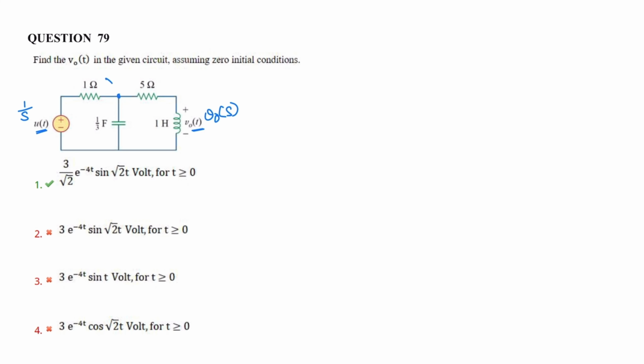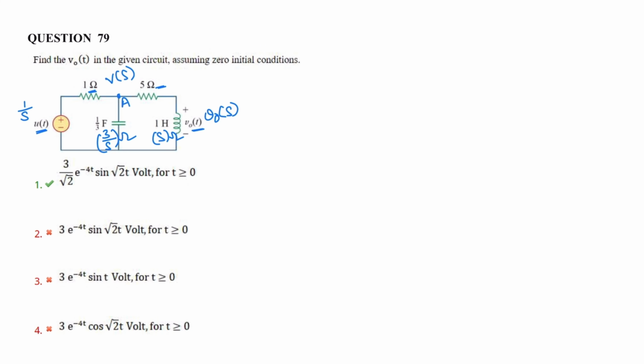Let V of s be the node voltage at node A. The capacitor impedance is 1 by Cs, that is 1 by 3s, which is 3 by s ohms. For the inductor it is 1 into s ohm, so that is s ohm. This is 5 ohm, 1 ohm.